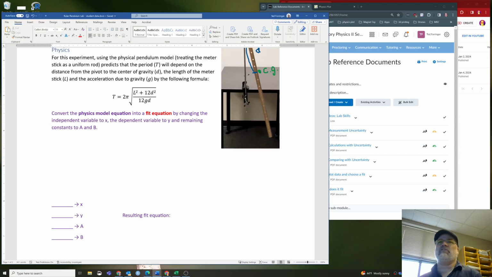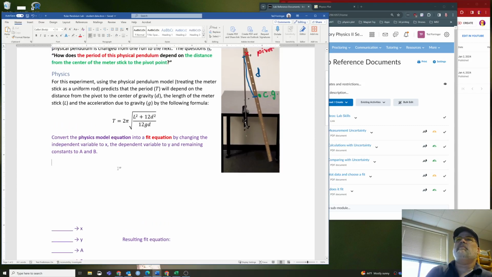So the computer understands that x is the independent variable, that y is the dependent variable, and that a, b, c, and d, capital letters, represent constants. So we need to convert this equation. The first thing we need to do is change the independent variable to x.